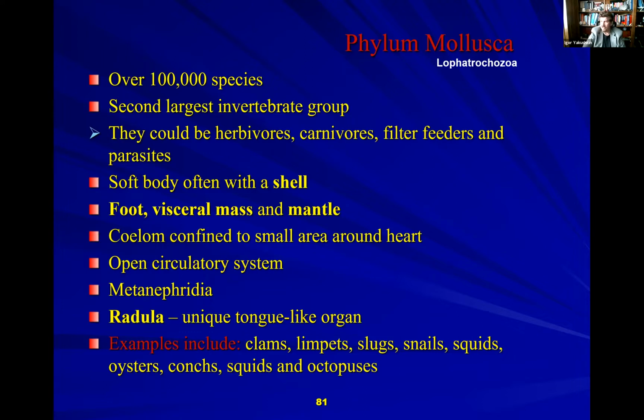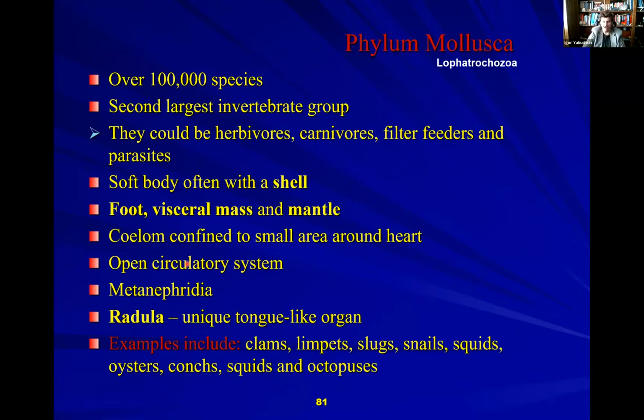Then they have something known as the metanephridia. Metanephridia is something which is part of the excretory system. There were protonephridia, the flame cells, and they have more advanced tubes to eliminate the waste.